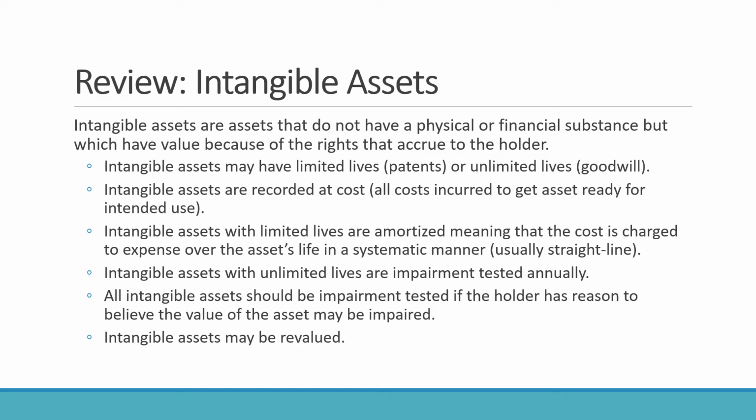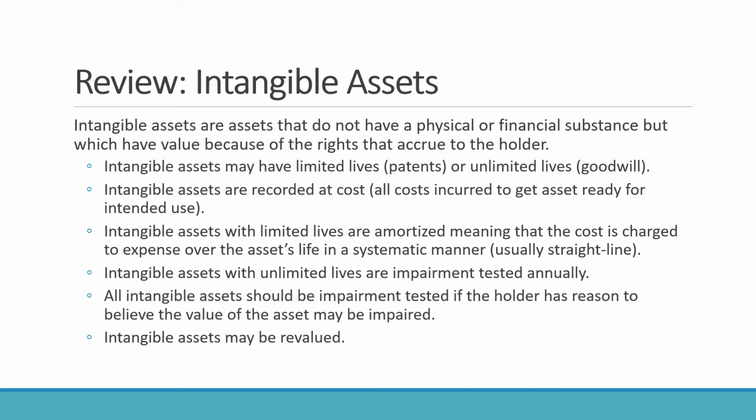Cost includes all the cost incurred to get the asset ready for its intended use, and cost is fair value at the acquisition date. Intangible assets that have limited lives are going to be amortized, meaning that the cost is going to be charged to expense over the asset's life in a systematic manner. And typically that is going to be done using what we call straight line amortization.